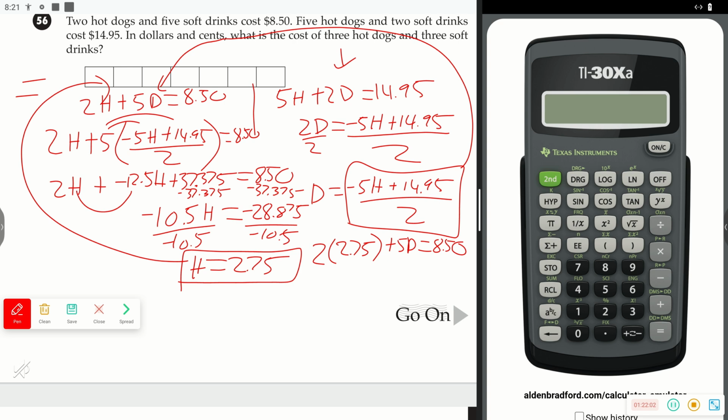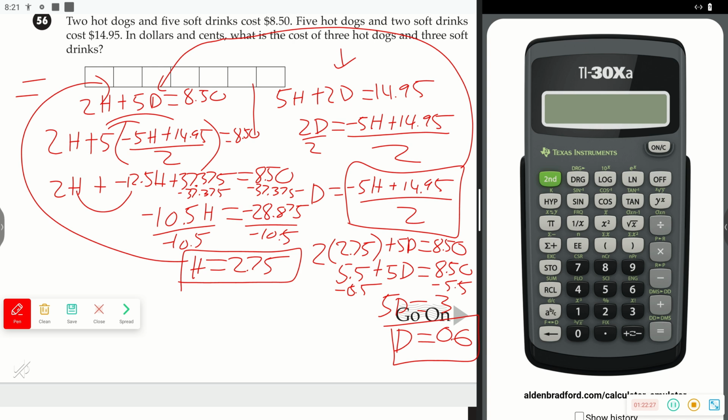So this is going to be 5.5 plus 5 drinks equals 8.50. I'm going to subtract 5.5 from both sides. So I have 5 drinks is going to equal 3. Divide both sides by 5. The price of the drinks is 0.6.